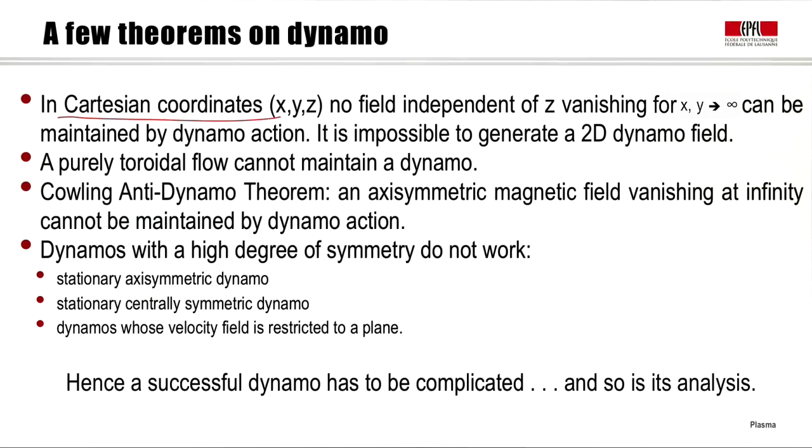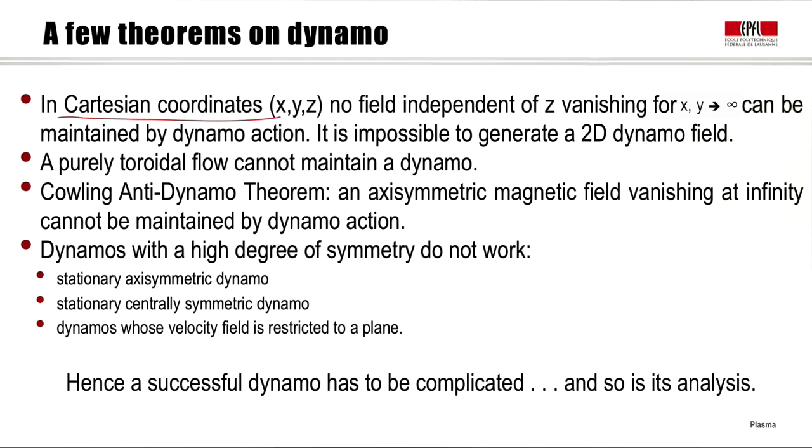This is telling us that it is impossible to generate a two-dimensional dynamo field. A consequence of this theorem is that in a toroidal system, a purely toroidal flow cannot maintain a dynamo.